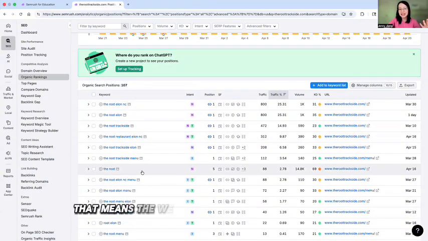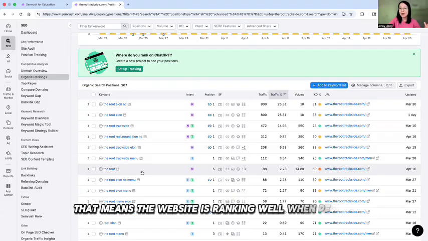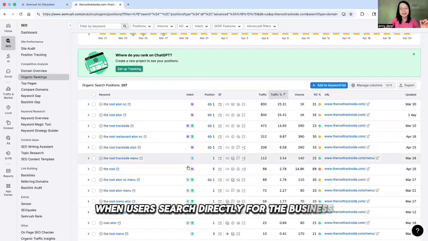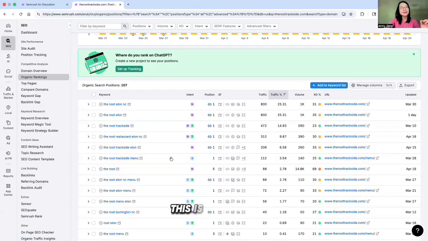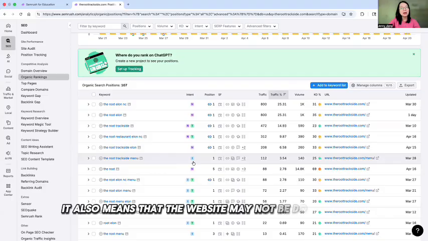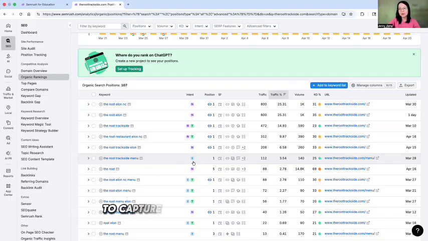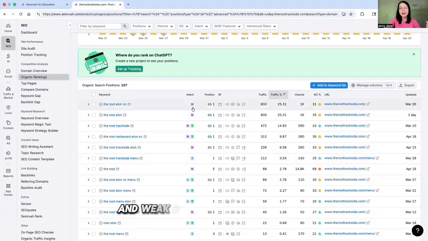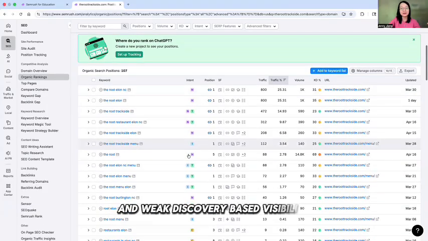That means the website is ranking well when users search directly for the business. This is great, but it also means the website may not be doing enough to capture broader local search traffic. So the pattern here is strong brand-based visibility and weak discovery-based visibility.